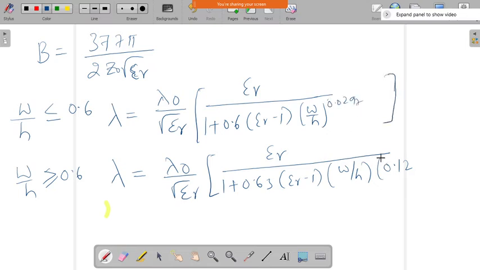Here the power value is 0.125, so this is W by H whole power 0.1255. The whole square root of this is there, so you have to make it up.